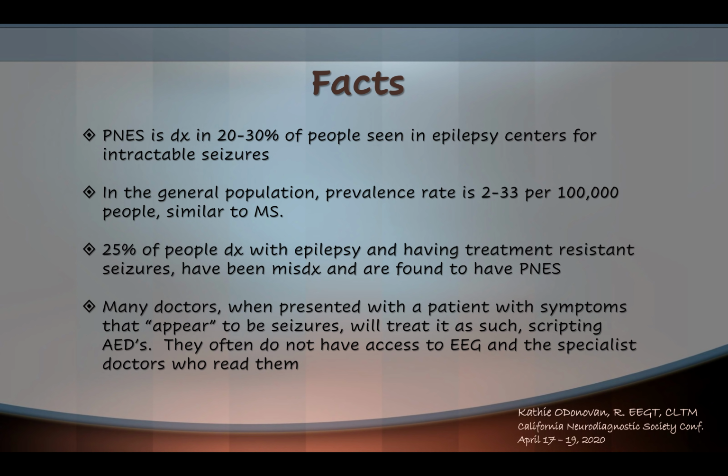And us techs are, in my opinion, the most crucial factor that is going to get these patients going in the right direction, create the ability for the doctors to accurately see what's going on, and then move forward with a treatment that's going to be effective. So that's what we're going to talk about here.